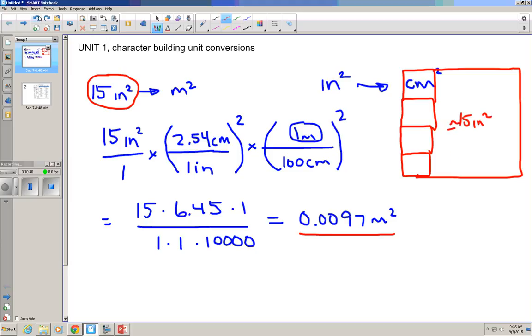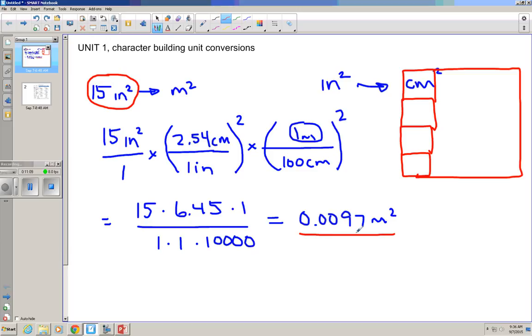All right. How much is this going to be in square meters? Remember, a square meter is huge. A square meter is going to take up something the size of a recliner in your living room, which would take up a footprint of about a square meter on your floor. So if you start off with a very small unit like this, it's not going to take up a whole lot of space in a square meter.